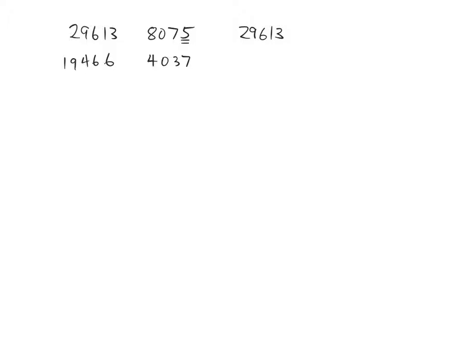Okay, now in this row, because this is odd, I multiply the number here by the cumulative number so far. So I'm going to do 19466 times 29613, getting some humongous number, divide it by 31861, minus 10892, times 31861.